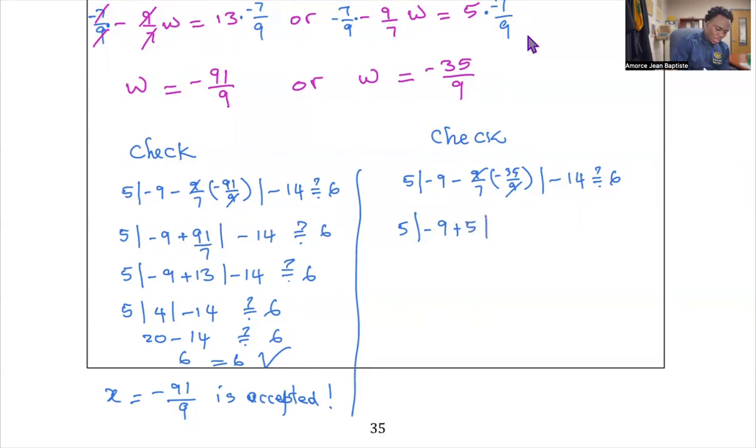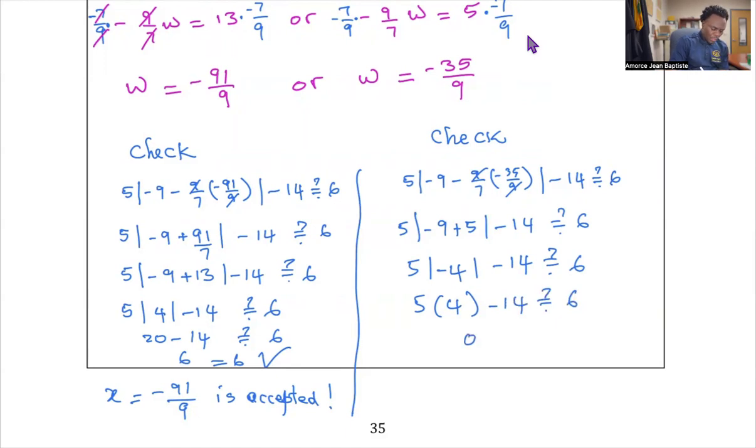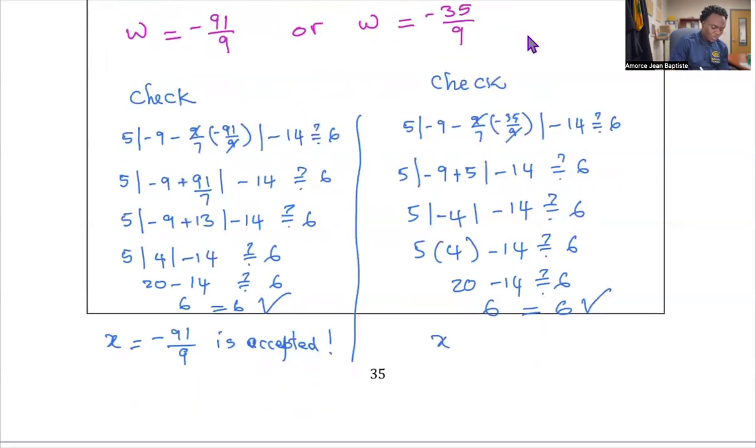So 5 minus 14, we want to see whether this is still 6. 5 absolute value of -4 minus 14, is it 6? So 5 times 4 minus 14, that's 20 minus 14, and we do know that 20 minus 14 is 6. This one also checks. So W equals -35/9 is also accepted.